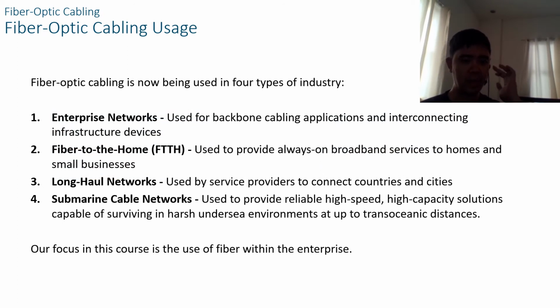We do know that fiber optic is now used for home internet, so this is one option, fiber to the home. It can be used as backbone cables for enterprise, or vertical cabling, for example connecting the backbone switch, your centralized switch. Usually this switch, the center of your network, has ports with a higher bandwidth.